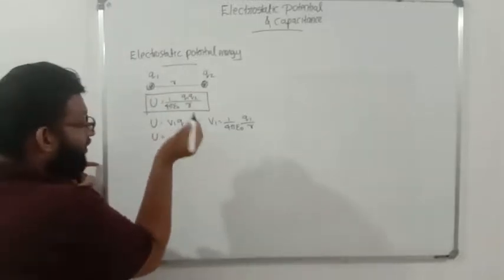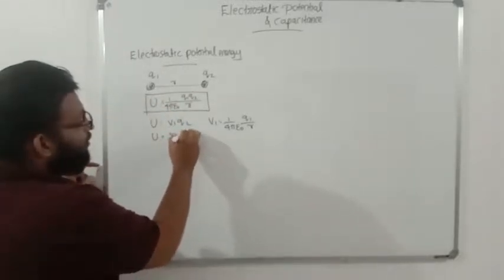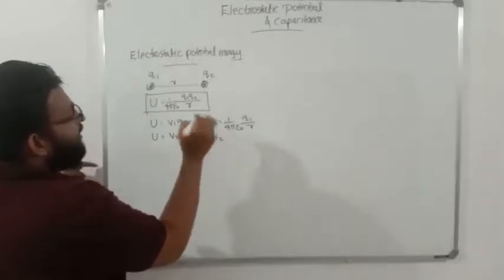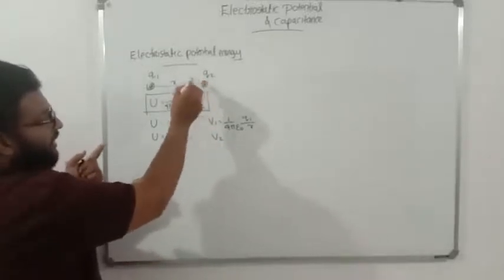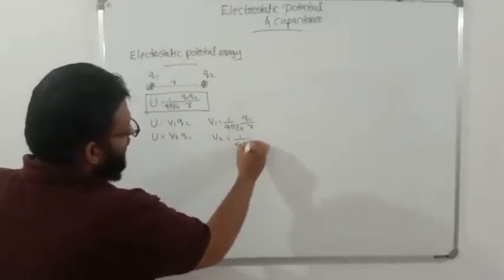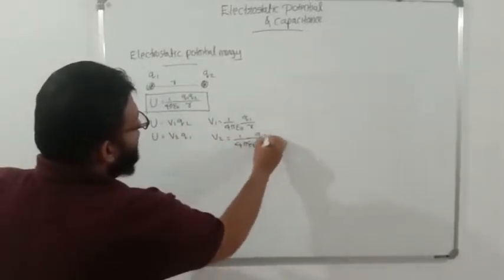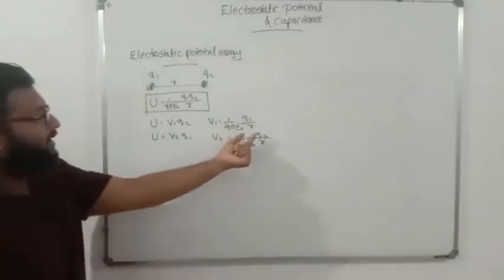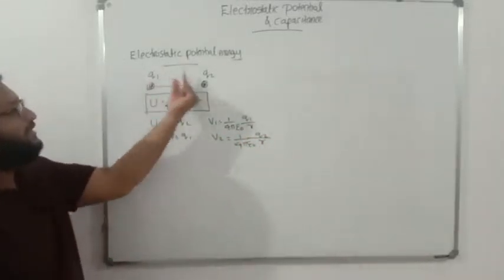Or you can also write V2 into Q1. What is V2? The potential due to Q2 at this point, which is 1 by 4 pi epsilon 0 Q2 divided by R. Now you multiply Q1 with V2, you will have this relation.